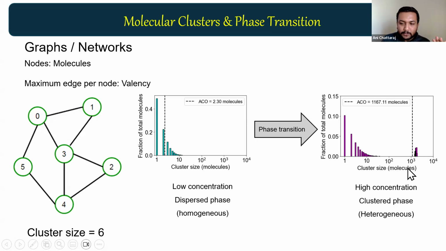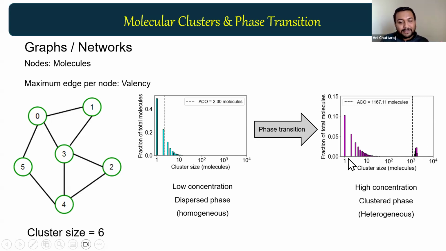But if we ramp up the concentration of the molecules to a very high concentration, we have this interesting bimodal, bifurcated distribution. And the ACO, as you can see, has shifted quite a bit. Now my ACO is almost greater than 1,000 molecules. It suggests that although there are some molecules that remain in the form of monomers and dimers, there is a significant amount of molecules which are part of this huge cluster in the system.